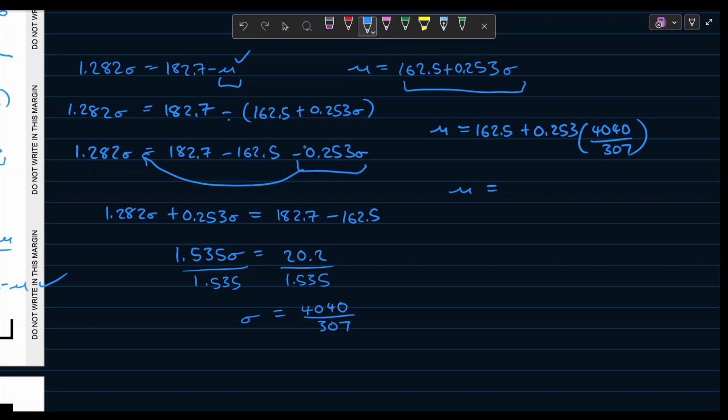And this gives us mu is 165.8, and sigma here, if you round off, 4040 over 307, you get 13.2. So these would be our mean and standard deviation.